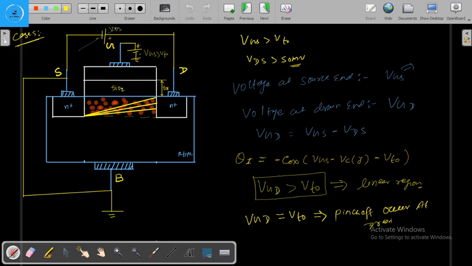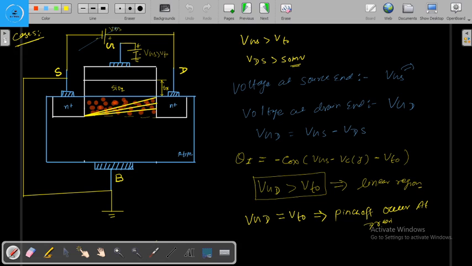Here, when we are increasing the VDS, the drain voltage, the free electrons present in the channel will find more resistance, because the depth of the channel is decreasing, or the channel becomes non-uniform, or we can say the channel becomes tapered.